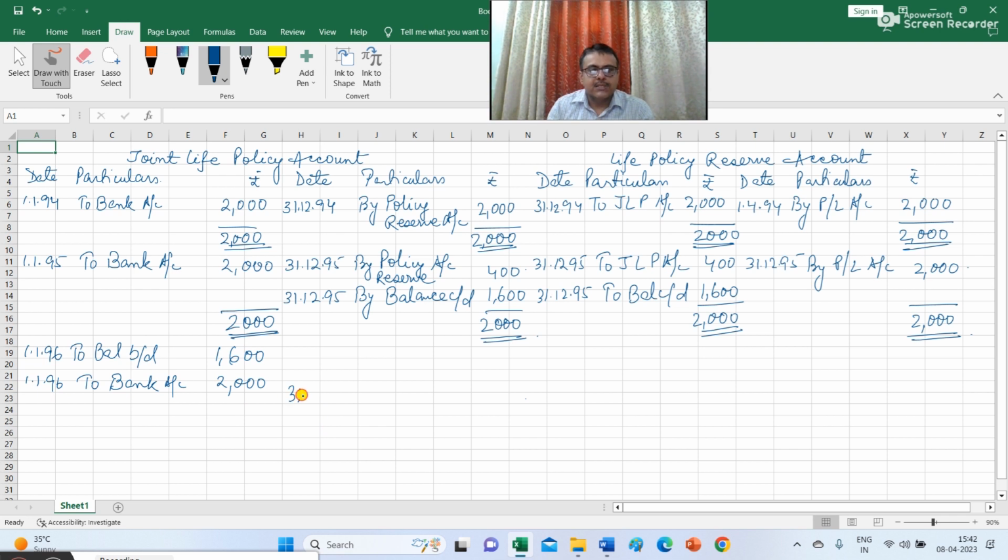Now it is given that the surrender value as on 31st December 96 will be increased by 1600. So this amount will be 3200, and the balancing figure will be transferred to policy reserve account. So I have to write here as policy reserve account. The balancing figure will be rupees 400.